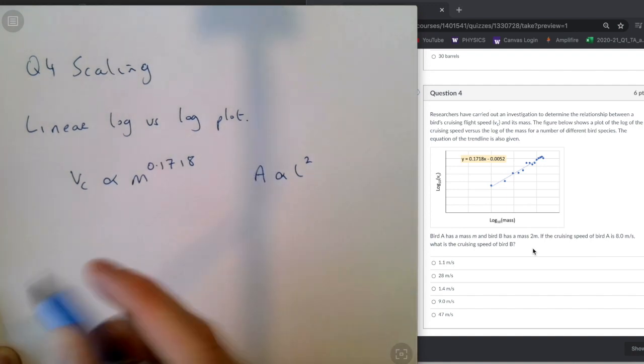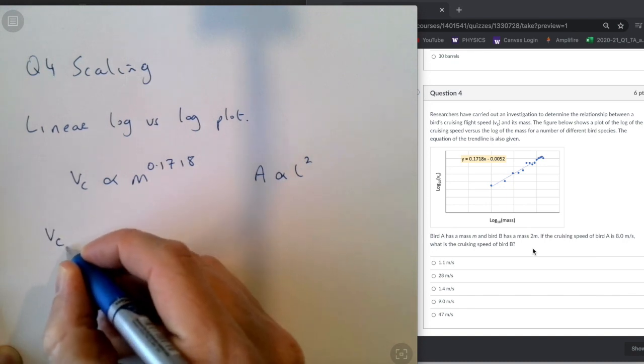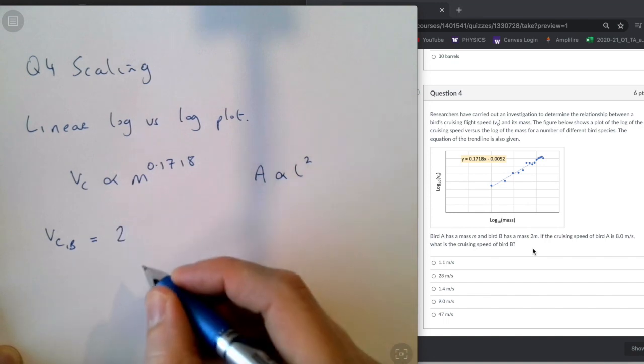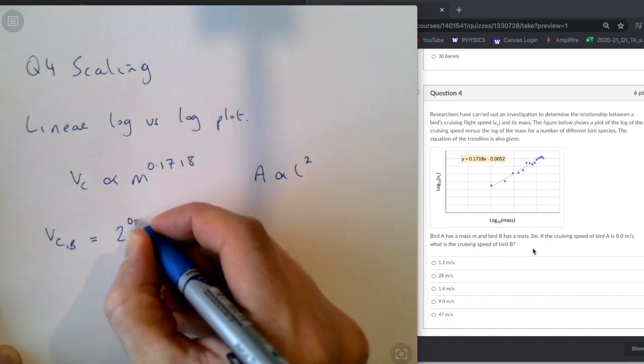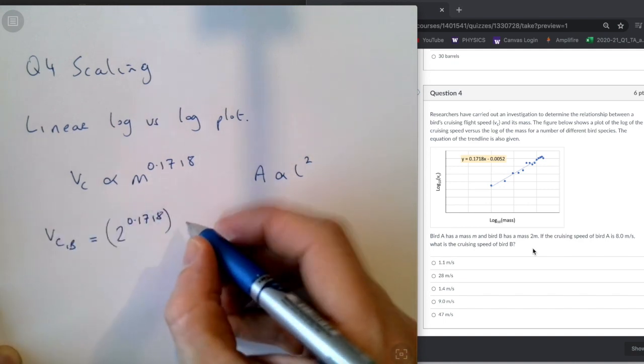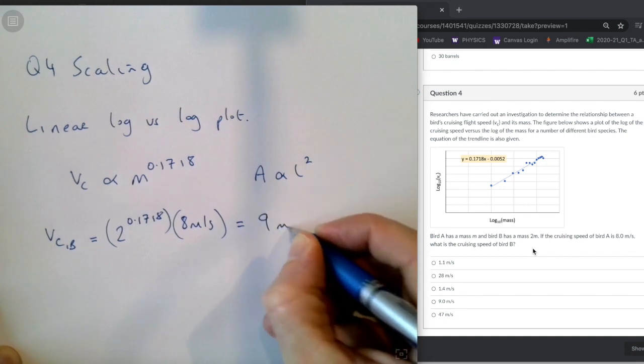In shorthand, the cruising speed of B would be 2, the factor by which its mass is more than A's, raised to that power, times the speed of A, which is 8 meters per second, and that should give you 9 meters per second.